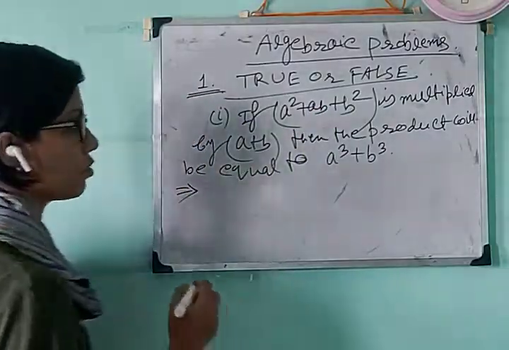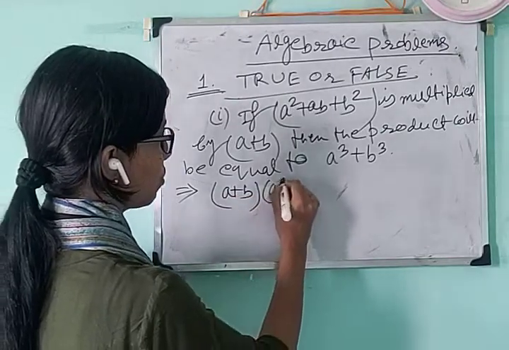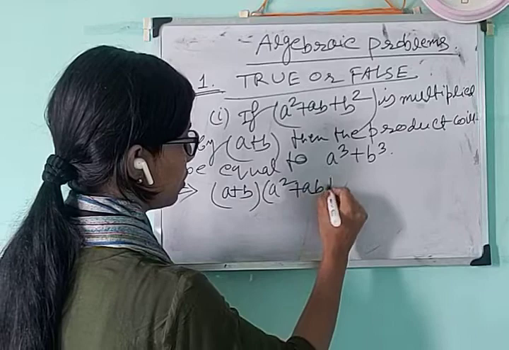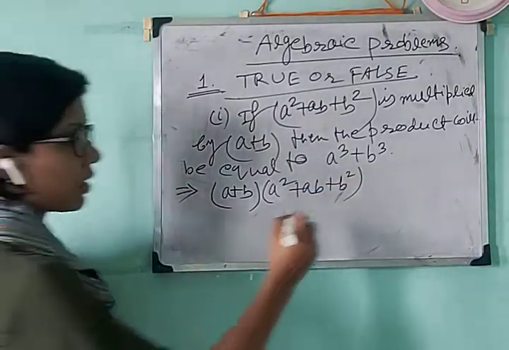First multiply a plus b with a square plus ab plus b square. What shall we get?